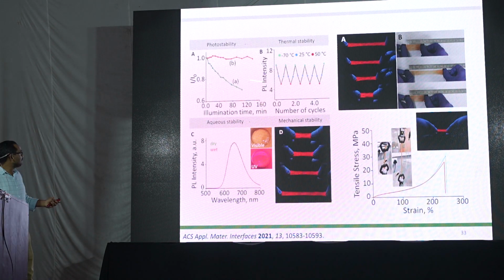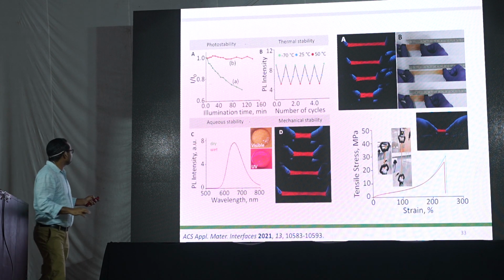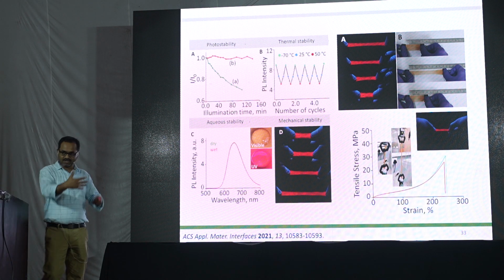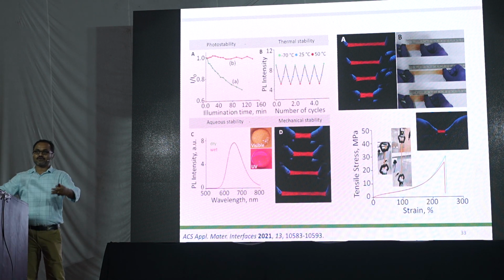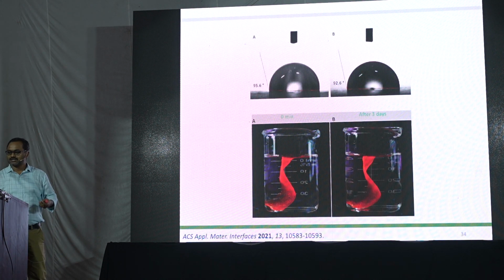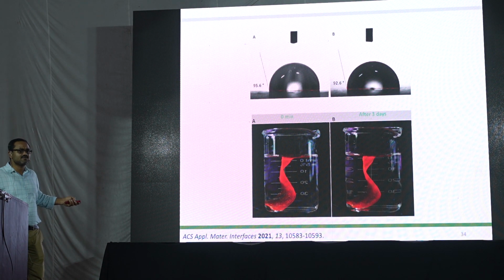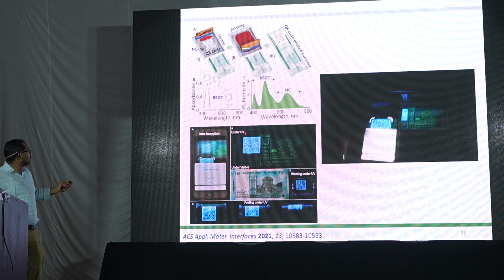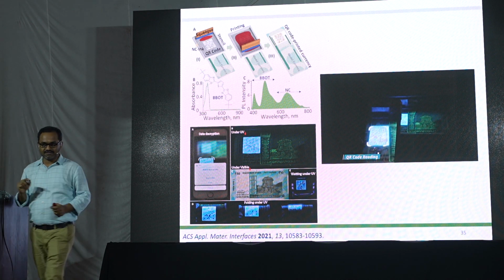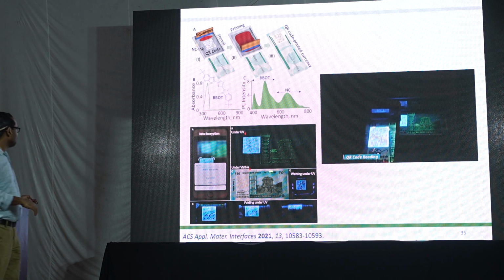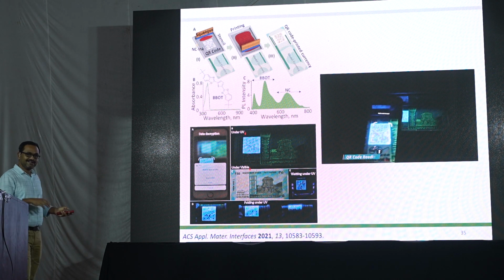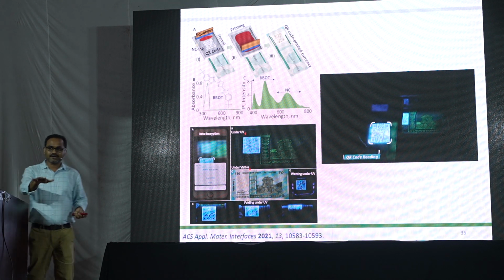We tested its thermal stability, photostability, wettability, and so on, because the currency goes through all these procedures. We found it is very stable, we can dip it, and finally we printed a QR code, encrypted with the Reserve Bank of India with the permission of CSIR, and you can read this QR code under a UV lamp.